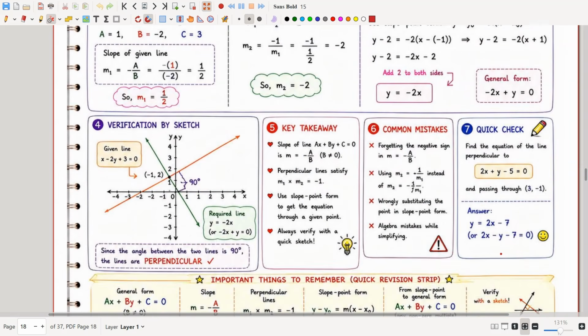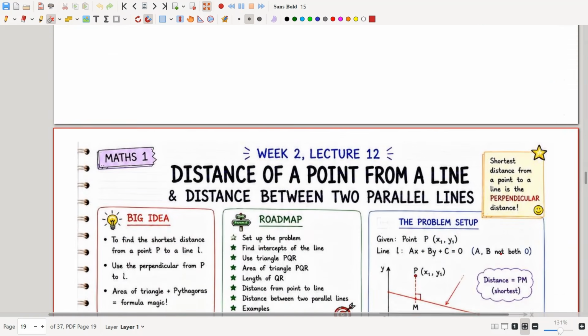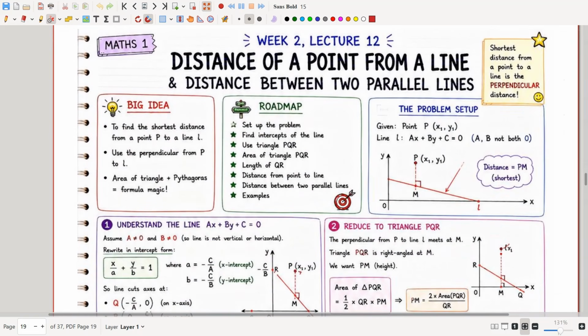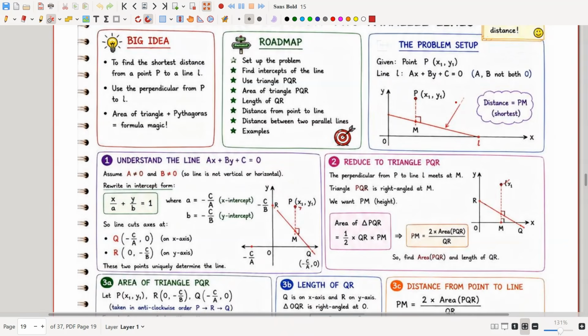Okay. Now let us find the distance of a point from a line and the distance between two parallel lines.